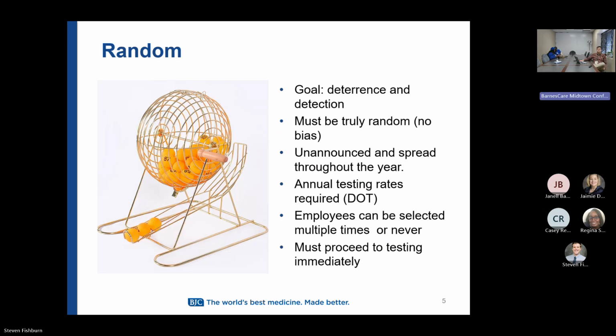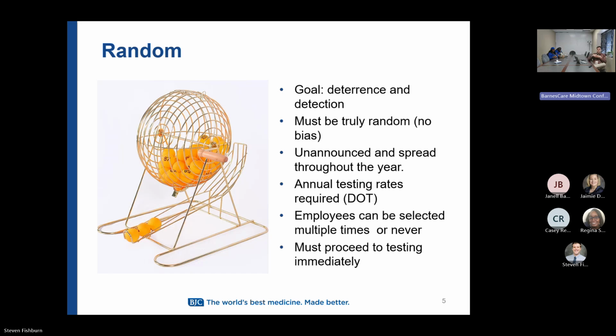The next is randoms. Randoms are for people who are already employed. The goal of randoms is to deter people from using and obviously to detect use. The rule related to randoms is that it must be a truly random selection. So whenever someone's name gets pulled out of the pool, it has to go back into the pool in order to have the same chance of being selected again.